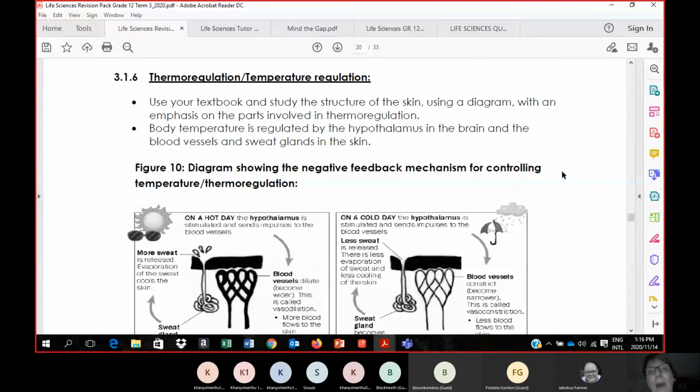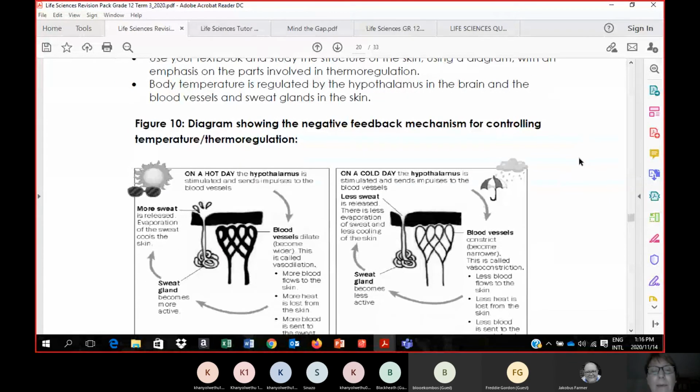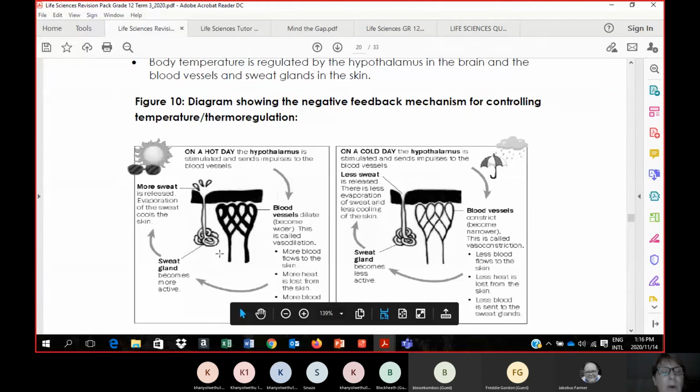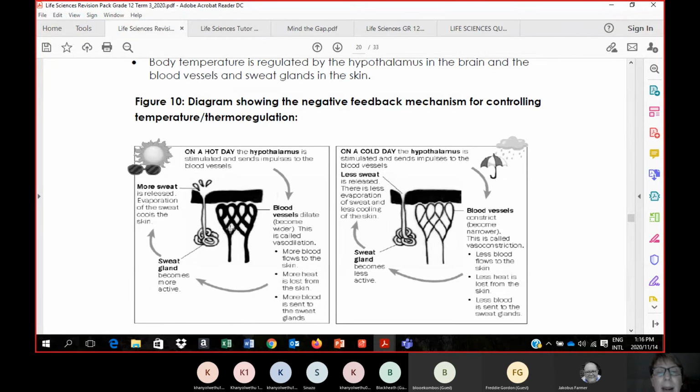Then another new one is temperature regulation. But this is such a nice, easy one, actually, that I don't think you will have any problem with this. So this little drawing that we've got over here, over here is a sweat gland, and those are little droplets of sweat. What we've got here is a section, a little bit of the skin, and these are blood vessels in the skin.